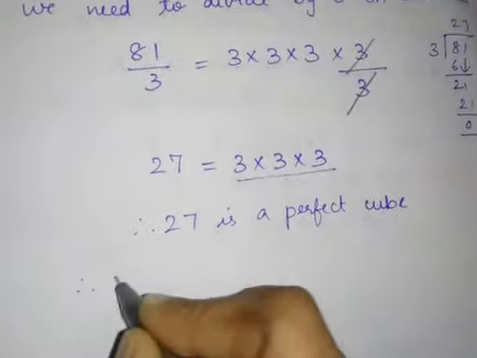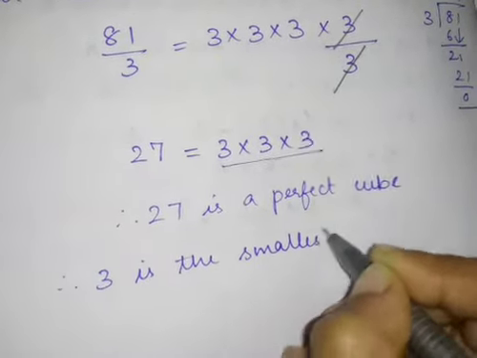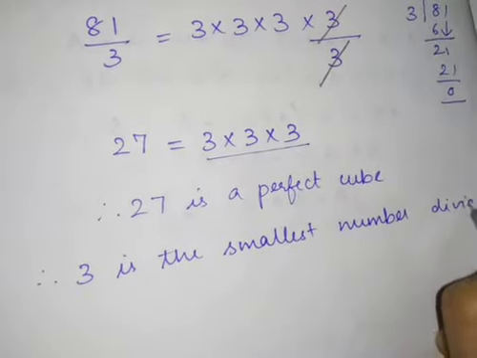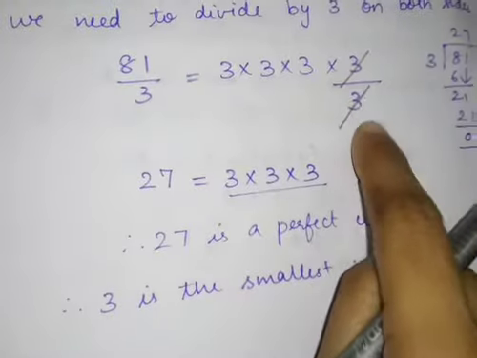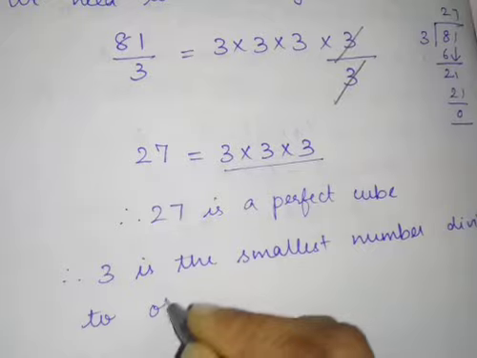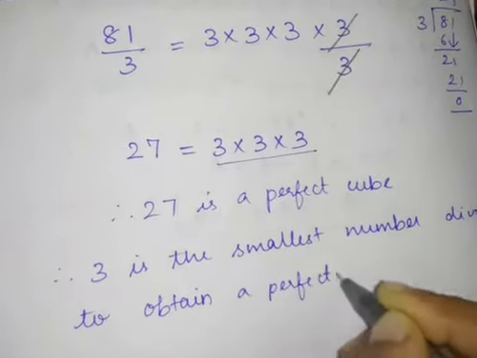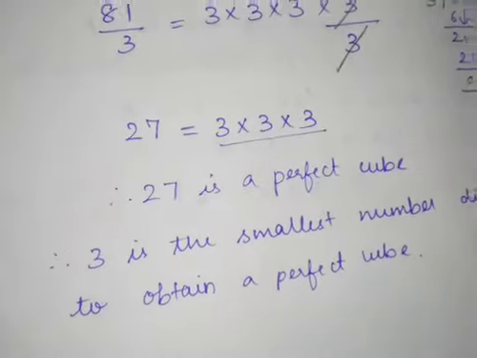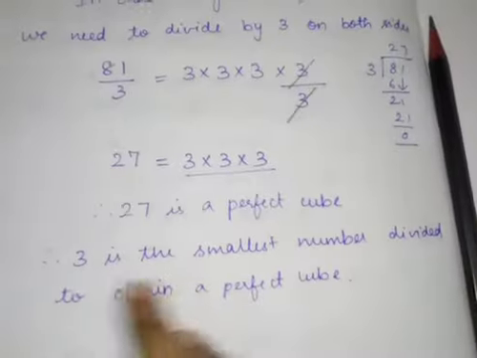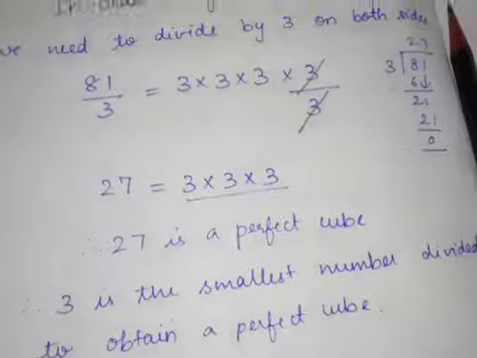So therefore 3 is the smallest number divided to obtain a perfect cube. To obtain a perfect cube, what number have we divided? We have divided by 3 on both the sides. So this is what the question is: we are supposed to find that smallest number which should be divided.